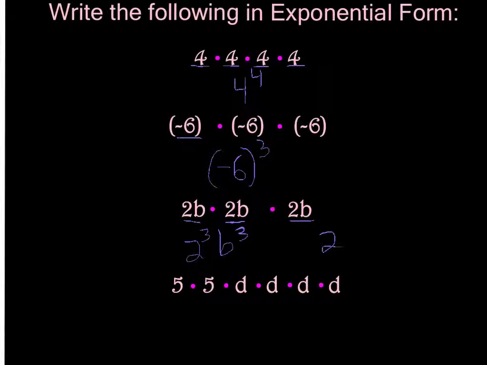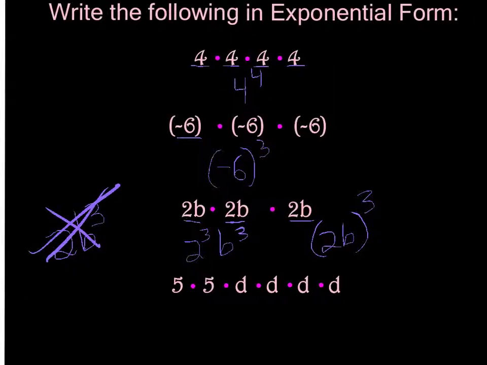Or I am going to place parentheses around this to show that 2b, the entire thing, was repeated 3 times. That's important. Let me show you what would be wrong. This over here is wrong, because it only shows that the b repeated 3 times. It doesn't show that the 2 repeated.